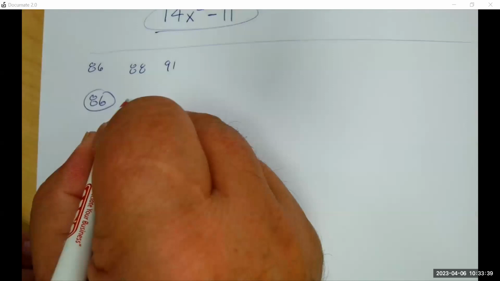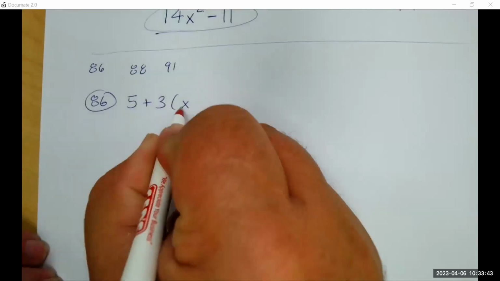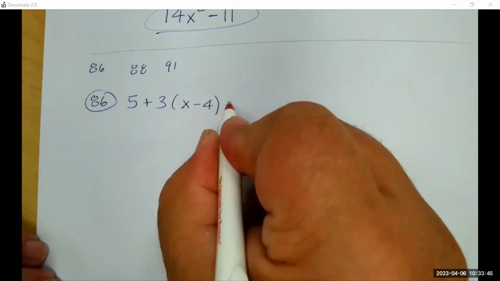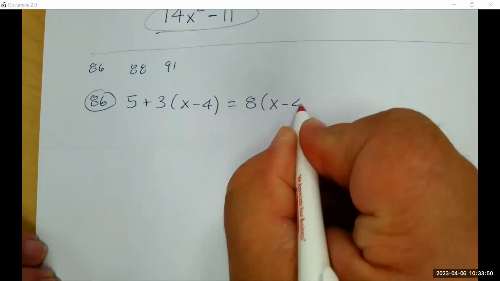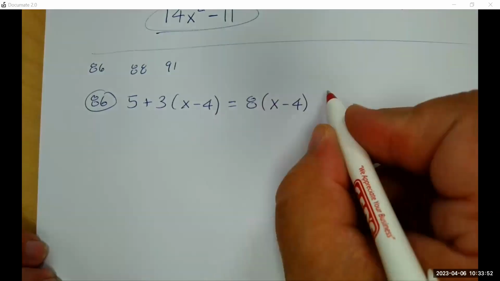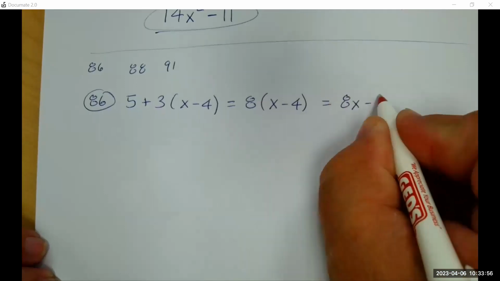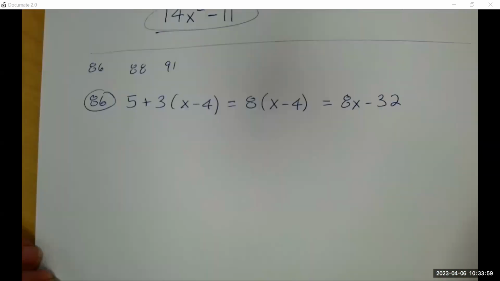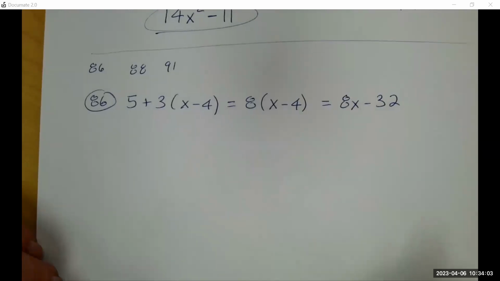So 5 plus 3 times x minus 4 equals 8 times x minus 4 equals 8x minus 32. Why are there so many equal signs? Because what this one says is determine if it's true or false. If it's false, then fix it.